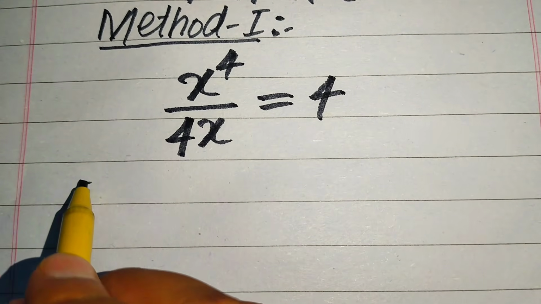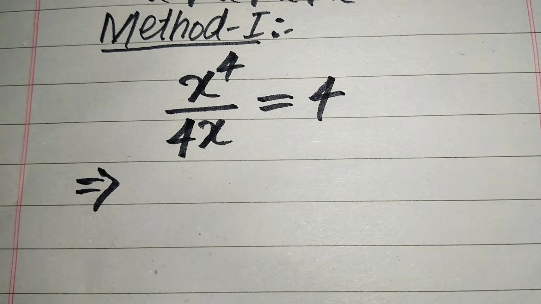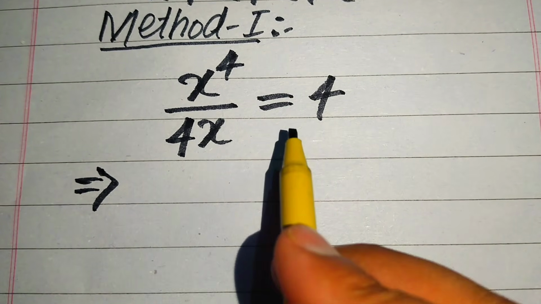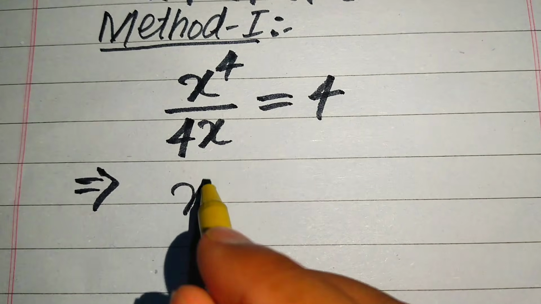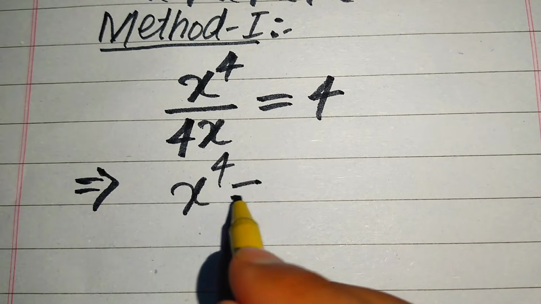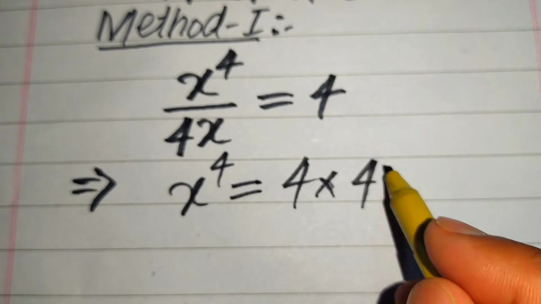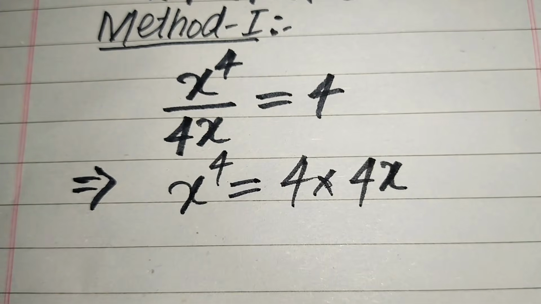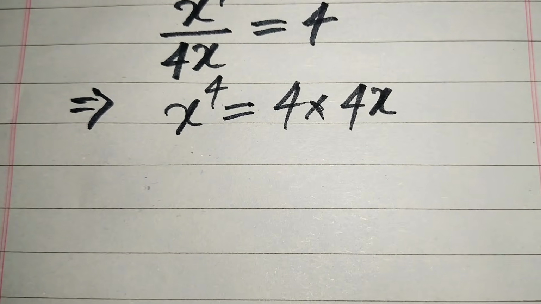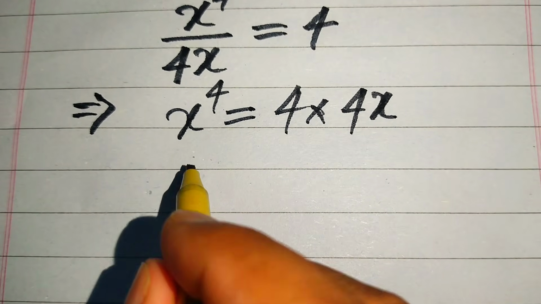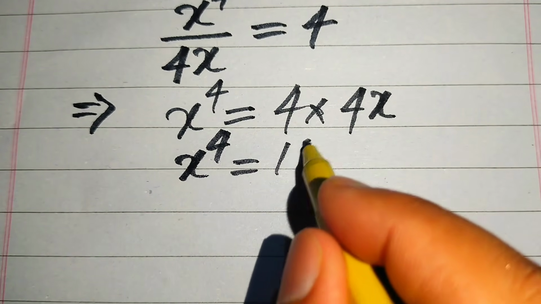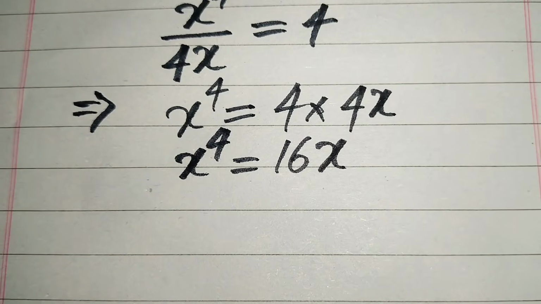Now, in the next step, our target is to get the values of x. We move the term 4x from the left hand side to the right hand side, and we get x to the power of 4 is equal to 4 multiplied by 4 times x. Focusing on the right hand side, 4 times 4 becomes 16 times x.